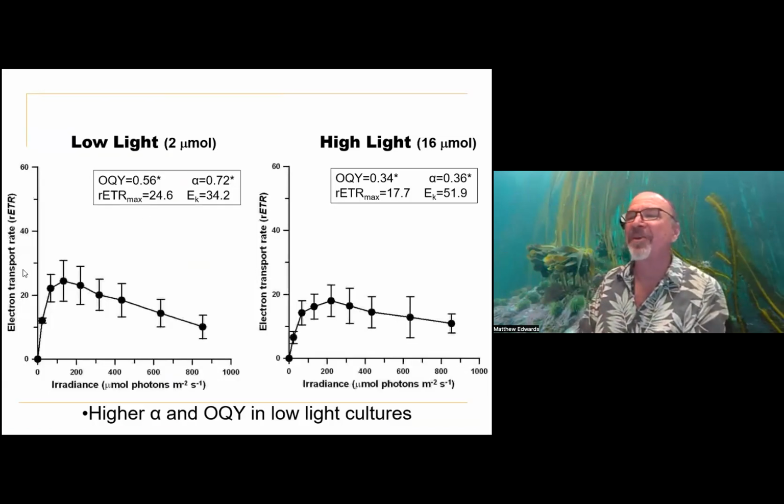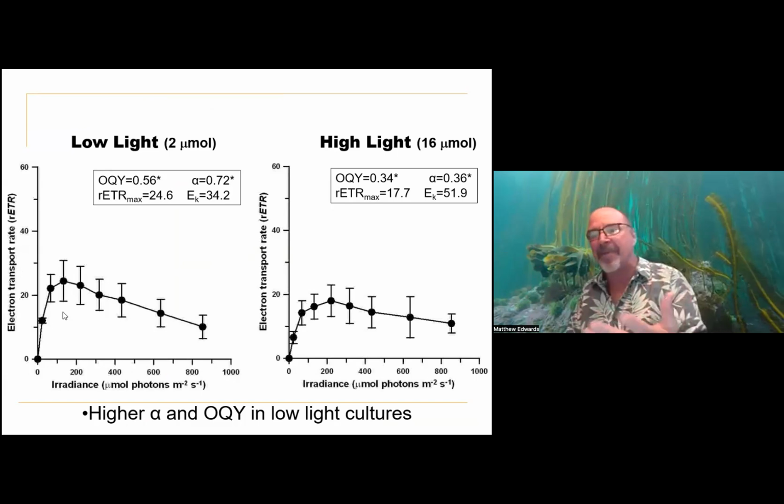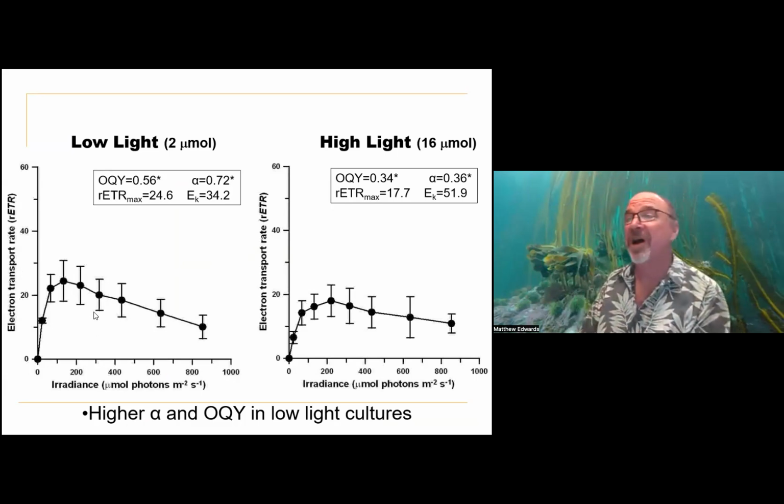First thing to note is if you look at the light harvesting capabilities of these microscopic stages, under low light, and this is for Plagophycus, you can look at quantum yield, 0.56. At high light, it drops, becoming stressed. Photosynthetic light harvesting efficiency alpha is higher under low light and drops under high light.